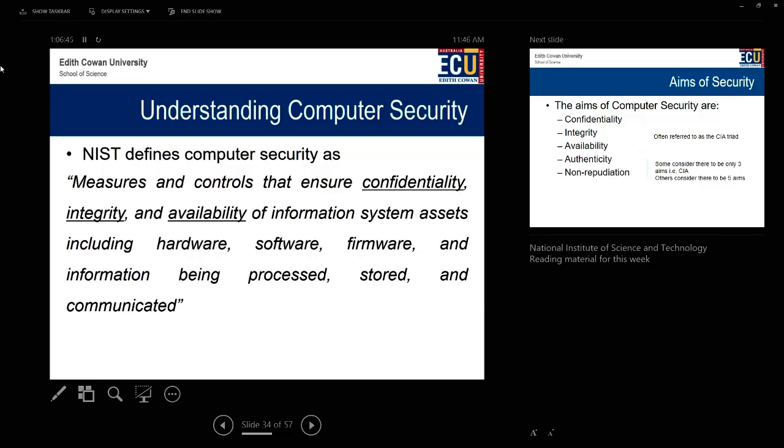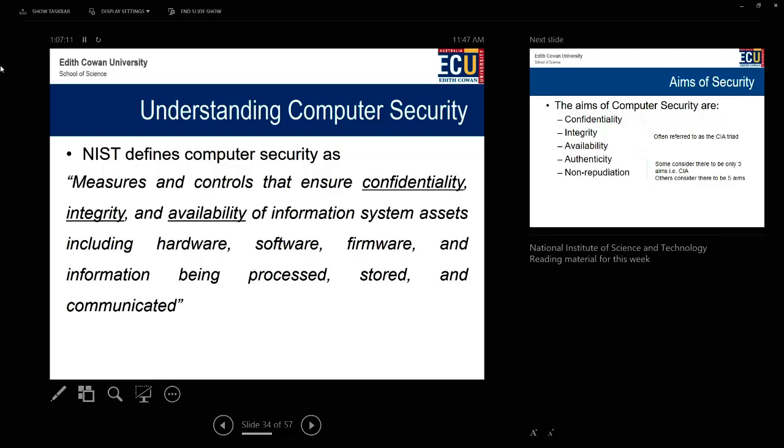A more formal definition, according to NIST, for computer security is measures and controls that ensure confidentiality, integrity, and availability of information system assets, including hardware, software, firmware, and information being processed, stored, and communicated. There is no need to memorize this definition by heart.